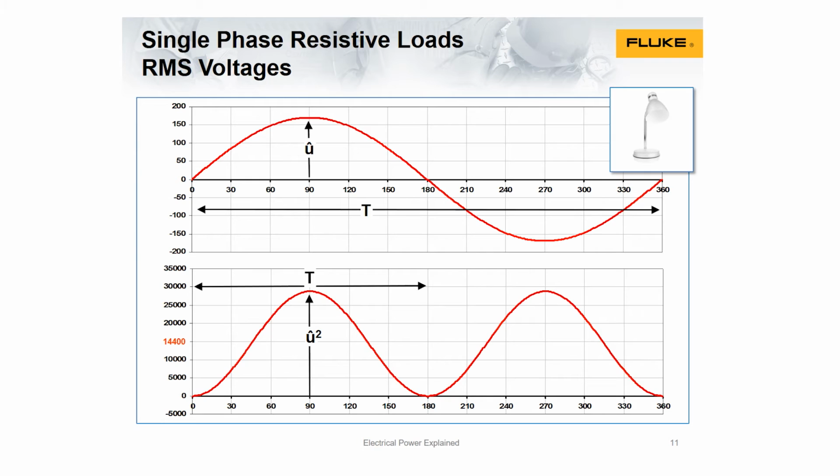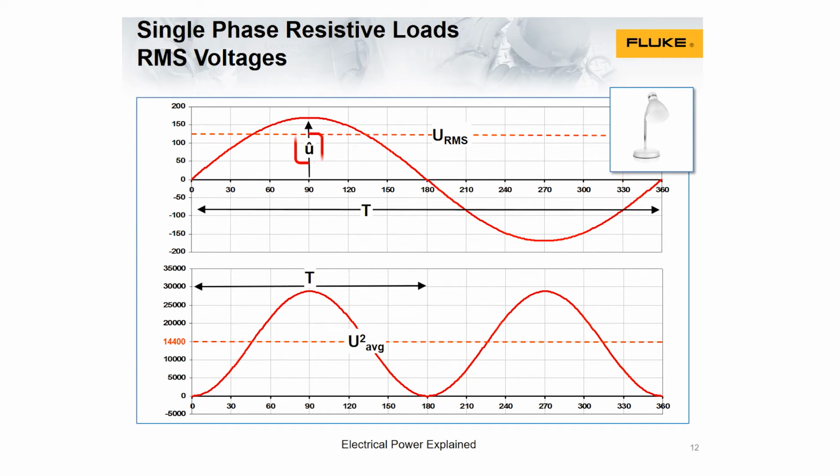The current flows first one way and then the other, but both times generates heat. Again, the power P equals U squared divided by R. We can find the relation between U peak and U_RMS by looking at the square of the sine wave. For our 120 volt RMS, the average value of U squared is by definition 120 squared, and the peak is 2 times 120 squared.